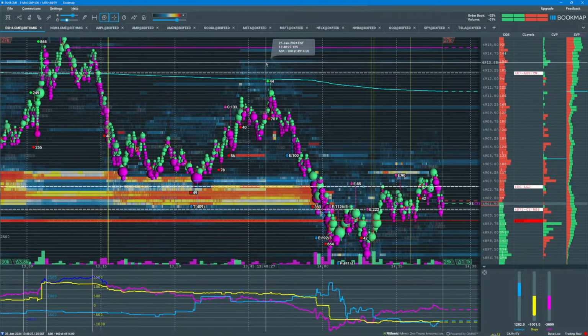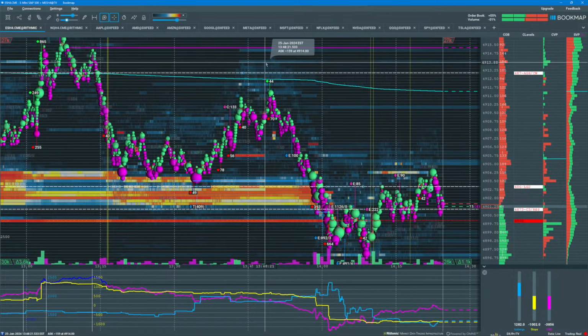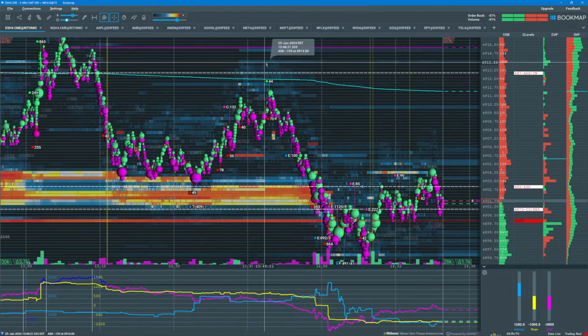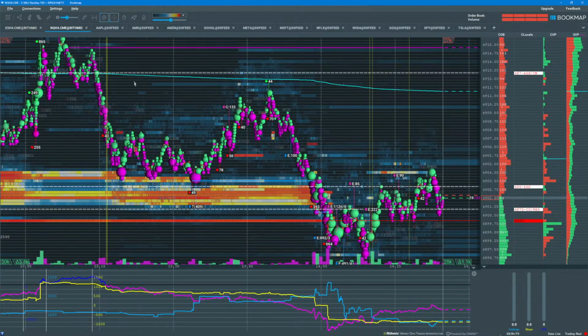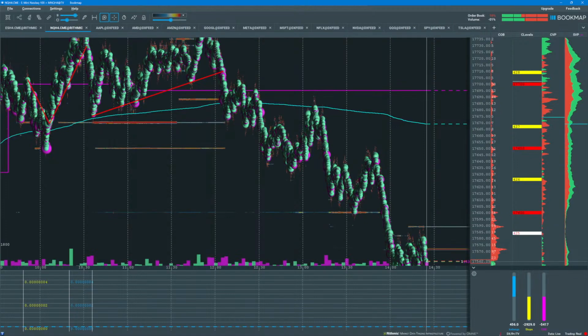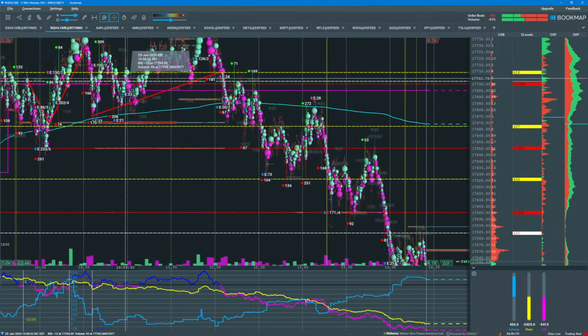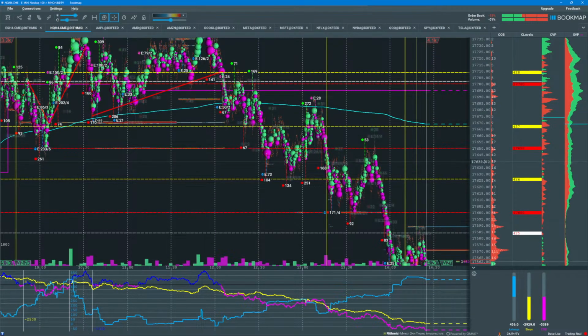It remains to be seen whether this is a reversal higher. We know that the hero signal for the S&P 500 is shifting higher. The hero signal for Mag 7 continues to move lower. Let's take a look at NASDAQ, see what NASDAQ is doing. Definitely looking bearish to me.